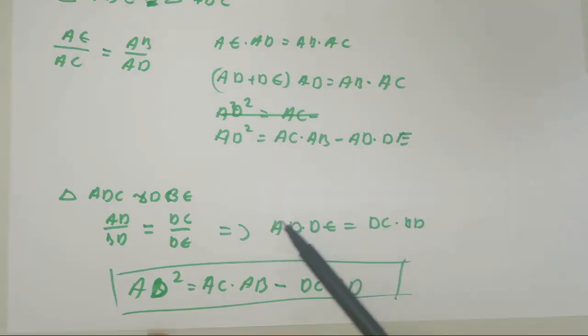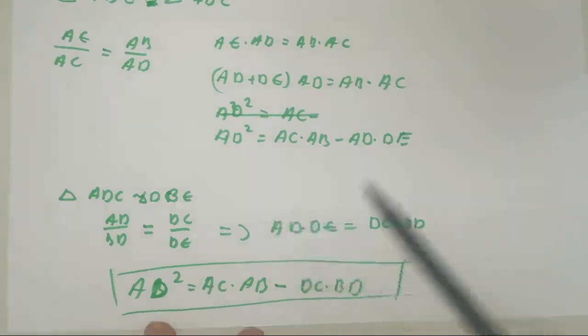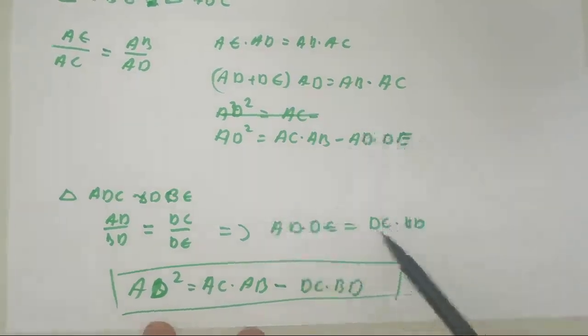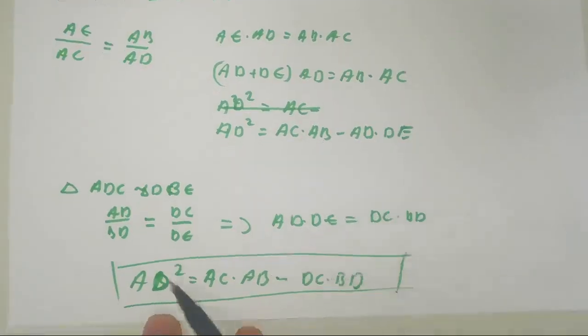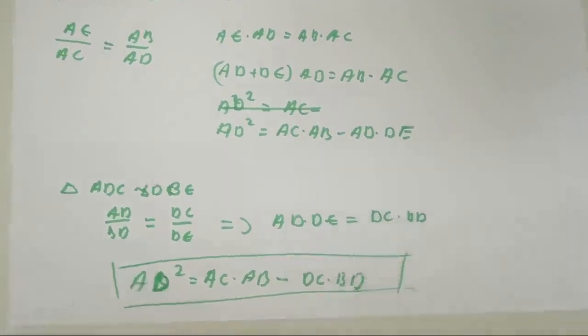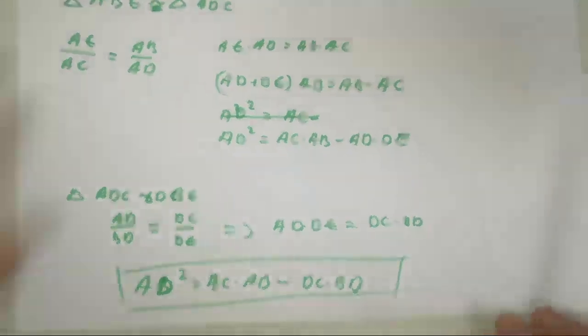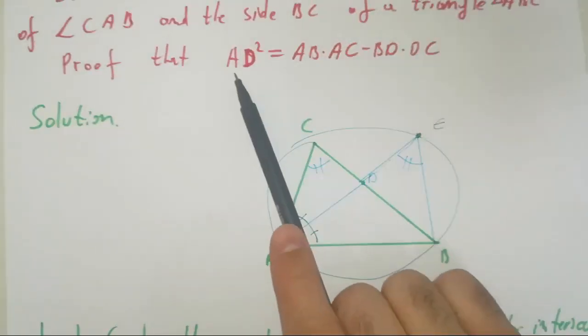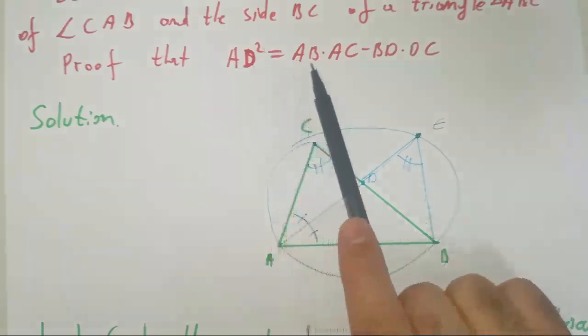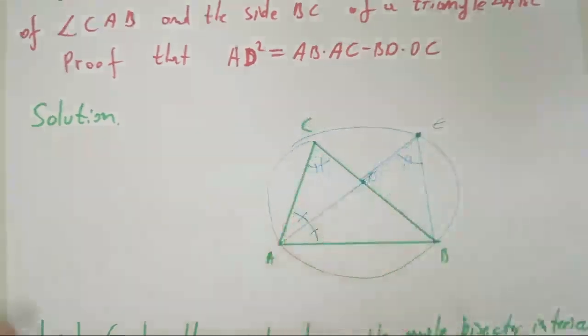And just substitute this one, AD times DE, substitute here, which is DC times BD. And we got the part from the problem here, which was asked to show that AD squared is AB times AC minus BD times DC. So it's here.